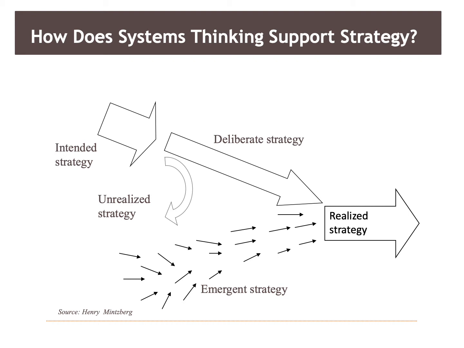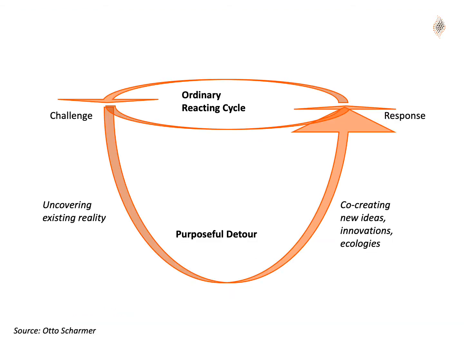So emergent strategy is trying lots of small steps and assessing whether the system is responding to some new ideas, some new seedling ideas, and trying multiple things at the same time and learning quickly. So that then leads us to the next slide, which is really about the process of emergent strategy.